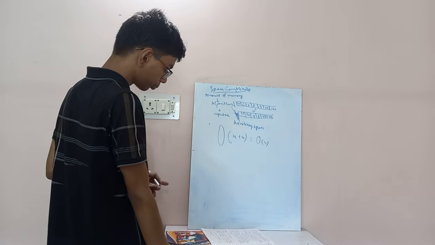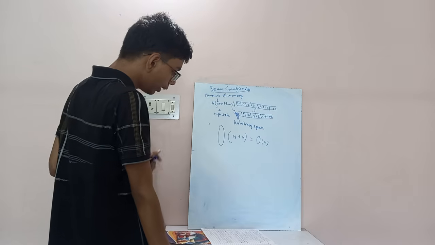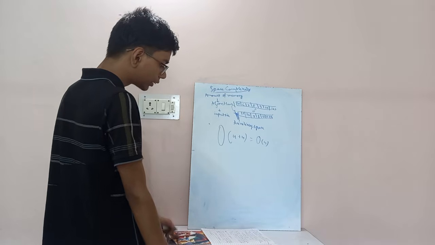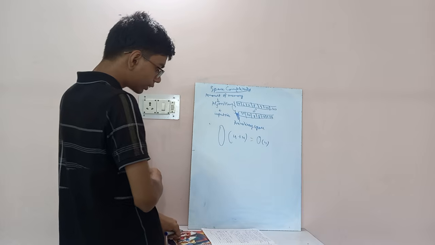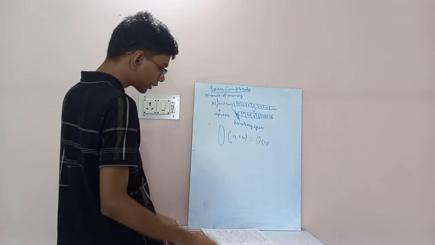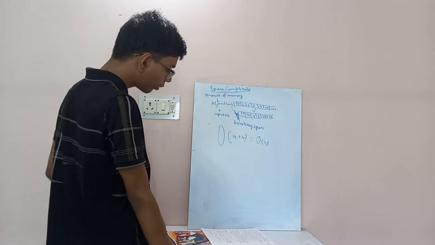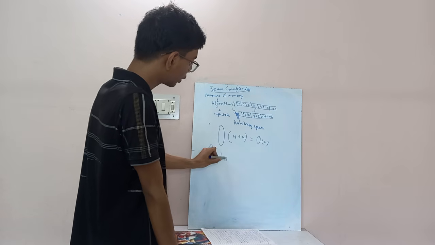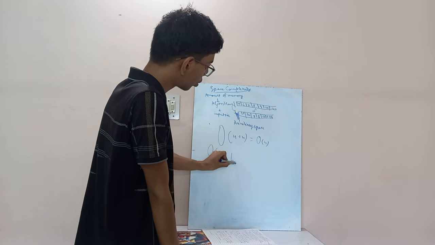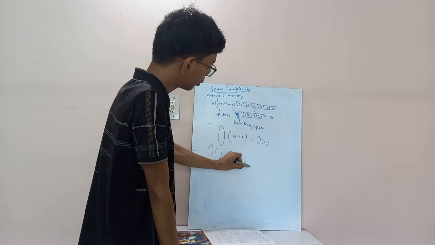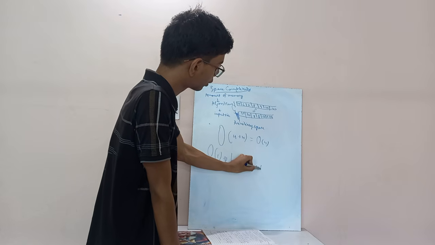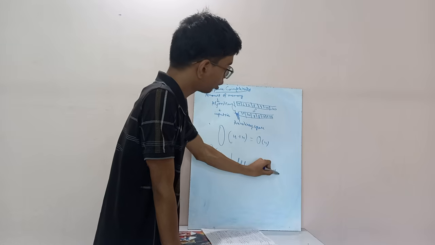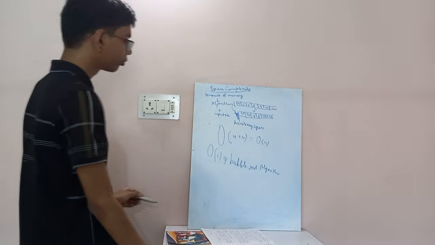Now in algorithms, an in-place algorithm is an algorithm that uses a constant amount of extra space and has an auxiliary space complexity of order of 1. For example, the bubble sort algorithm. Now, what is bubble sort algorithm?